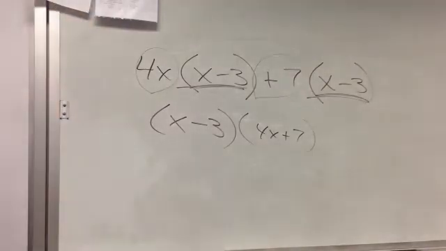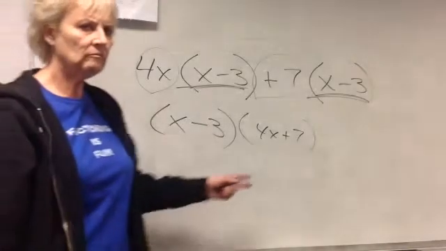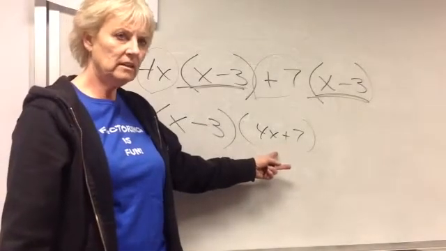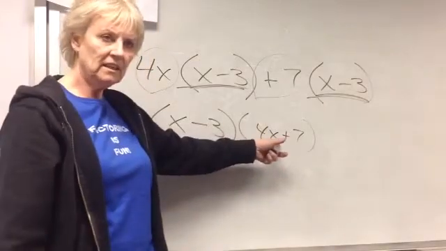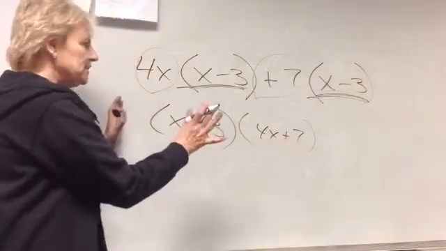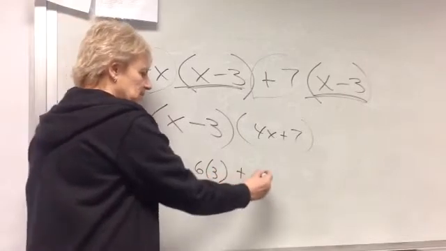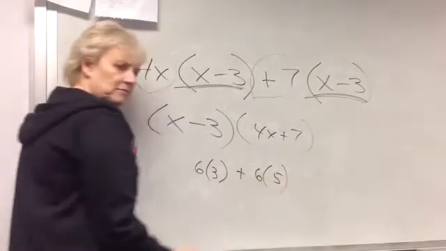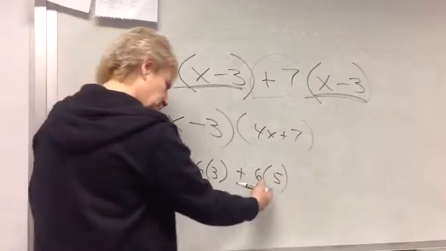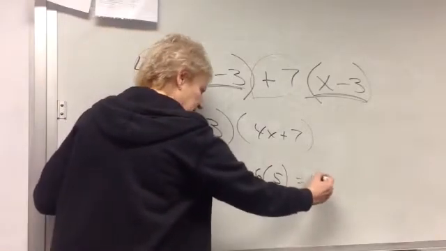Why can't you just put the same thing back in there? Here? You mean x minus 3? Okay, let me show you with numbers. If you have 6 times 3 plus 6 times 5, that's 18 plus 30, that's 48, right?